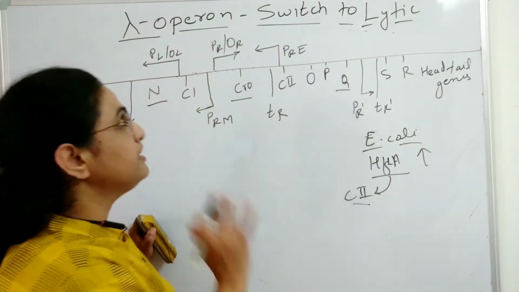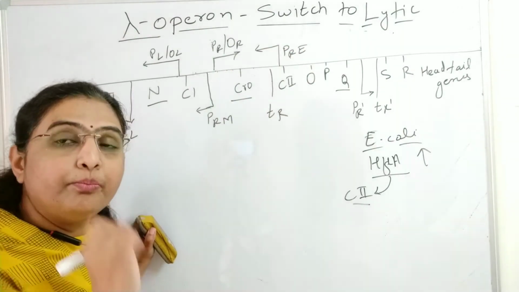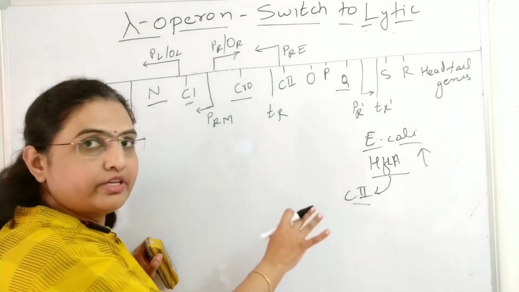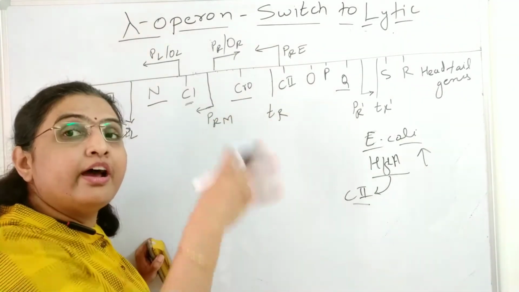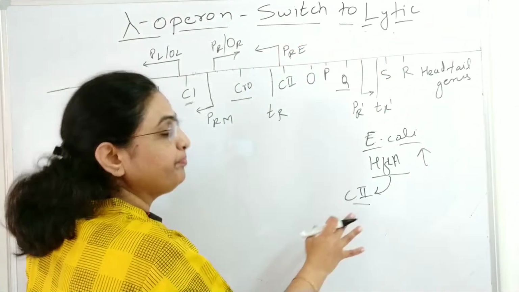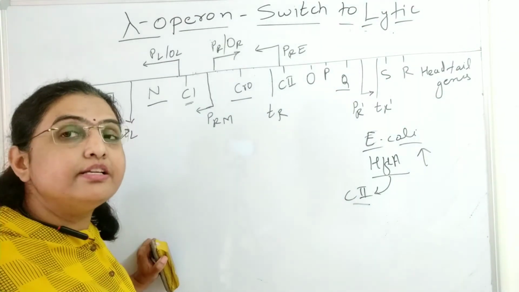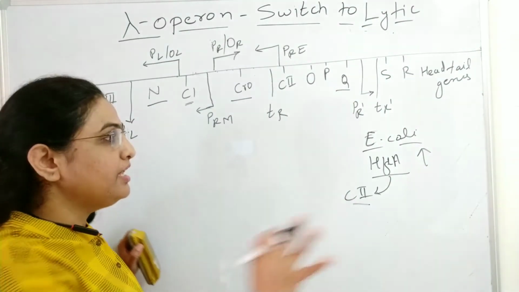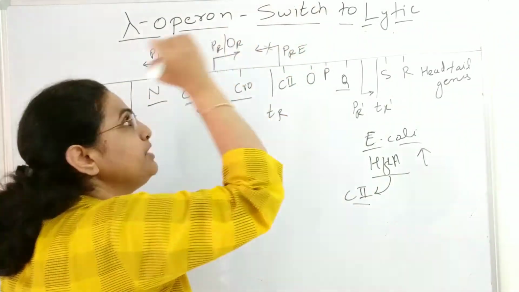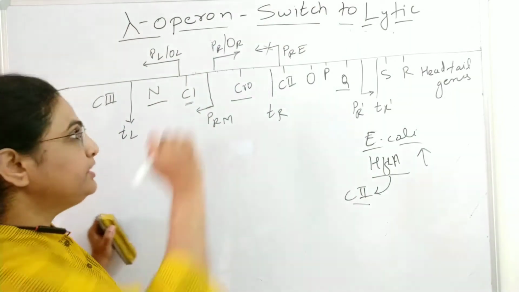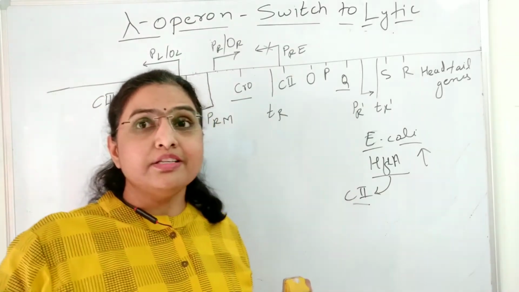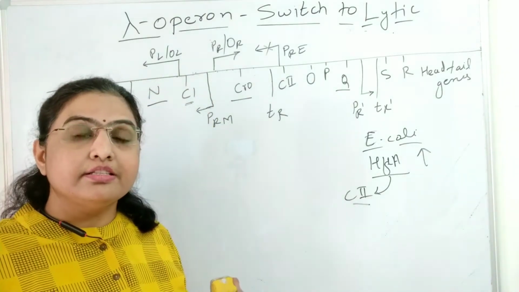As C2 has been cleaved, it is unable to activate PRE, the promoter of C1. C2 is an activator of C1, and the promoter activated by C2 is PRE. Now C2 has been cleaved, so it is not available, PRE is not activated, there is no transcription from PRE, and so there is no synthesis of C1.